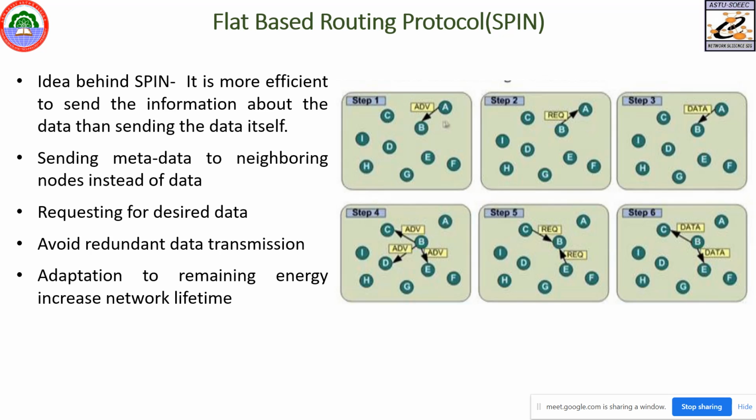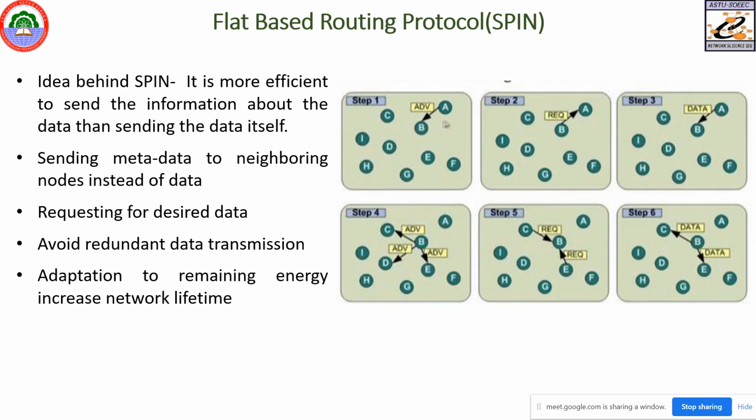As A is the source node, definitely that means A is the initiator. When A is the initiator, it should have some data to transfer. So directly we can say that the owner of that particular data is A. The source node is A.